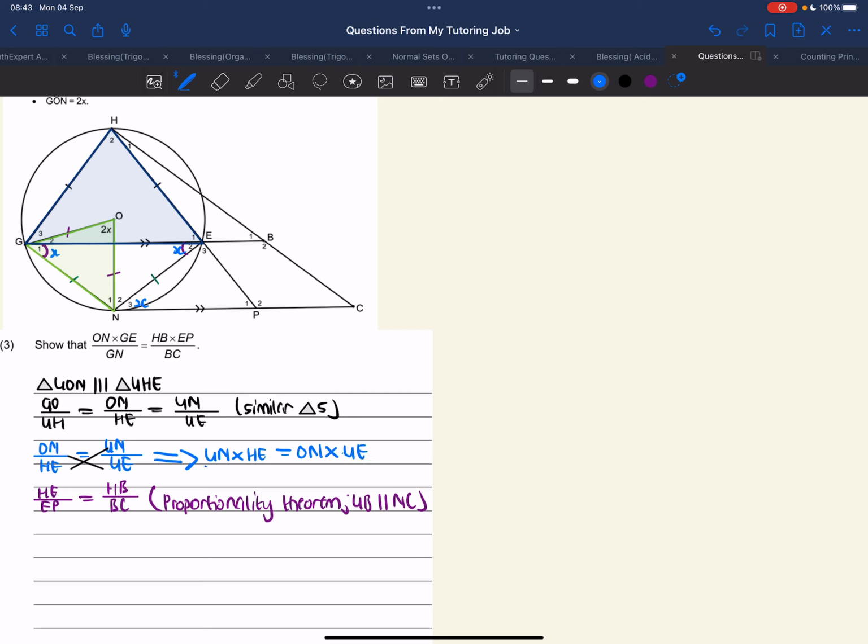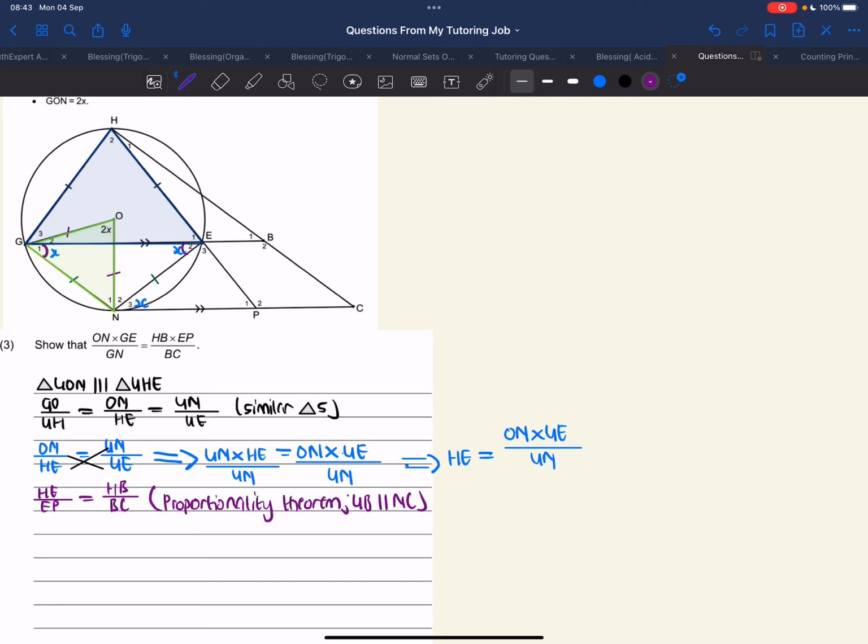Then to have HE alone, I divide both sides by GN, so HE is equal to ON multiplied by GE over GN. Now this is looking beautiful so far.